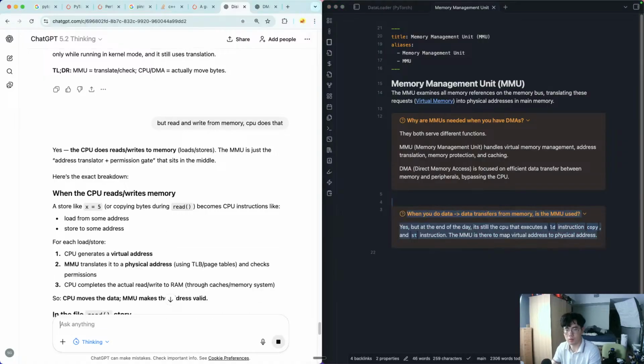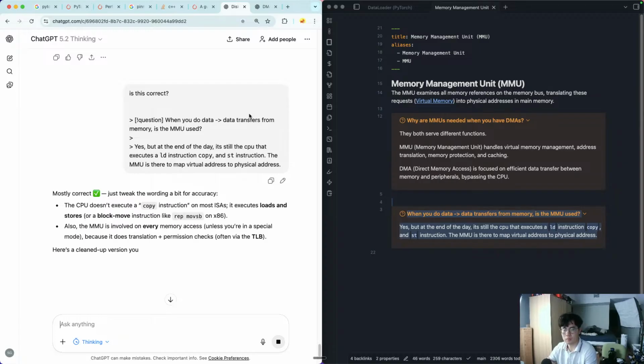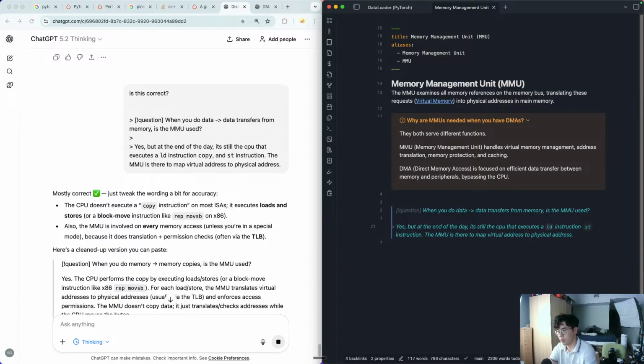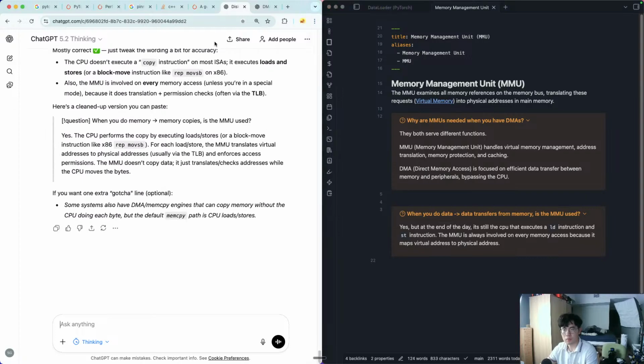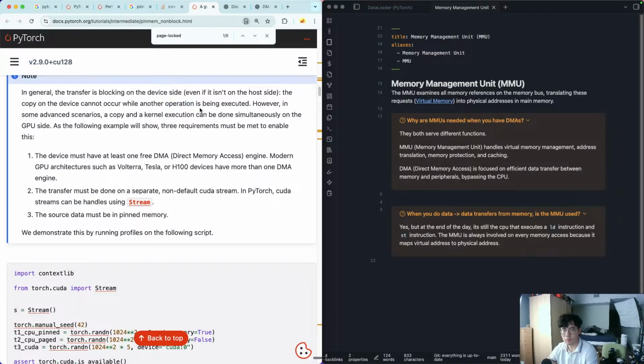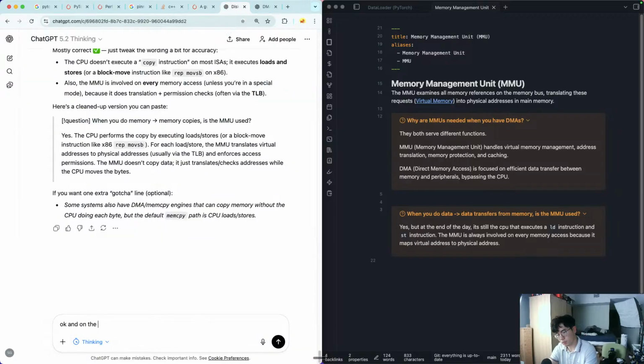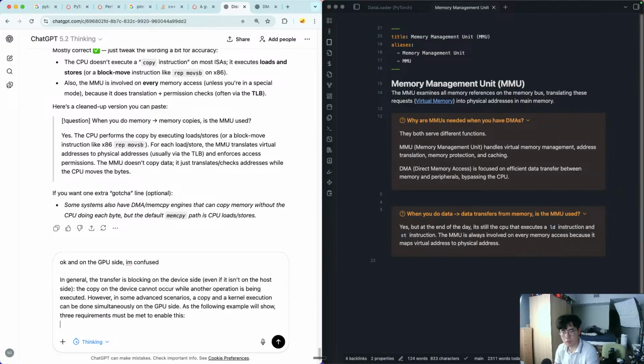This correct? What does it mean? The copy on the device cannot occur while another operation is being executed?